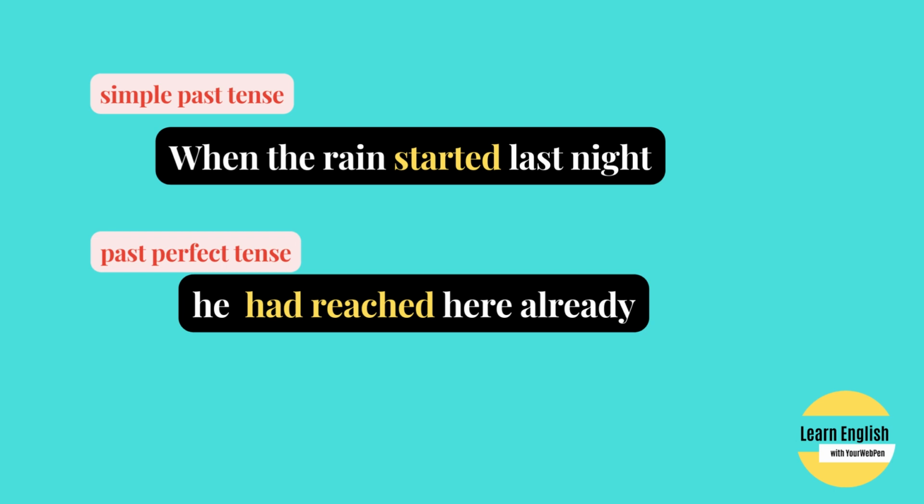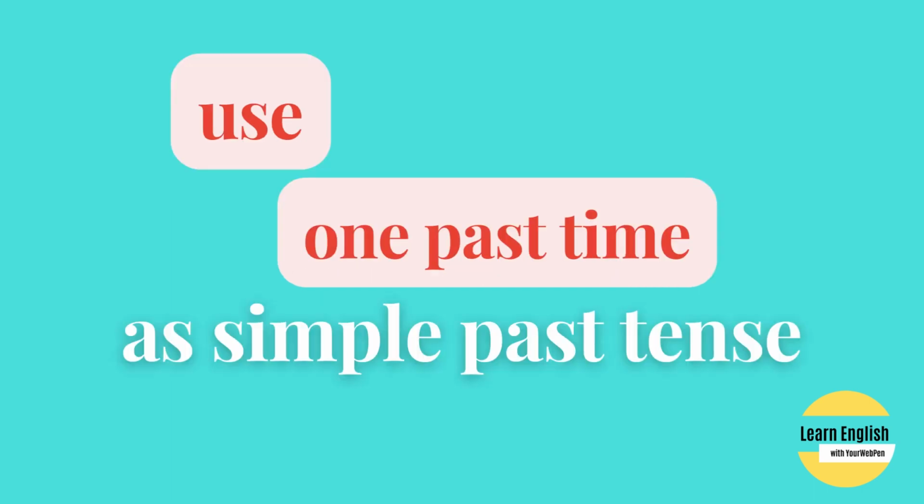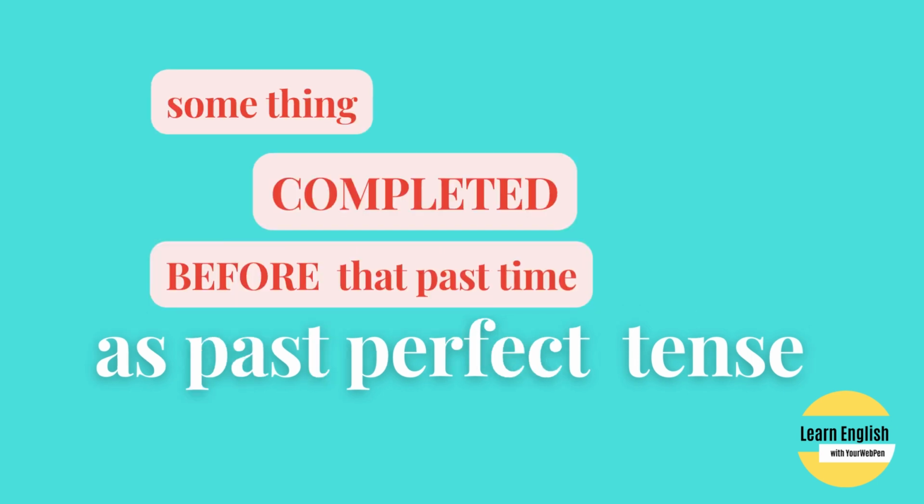So again, when the rain started last night, he had reached here already. So keep that in mind. To form past perfect tense, use one past time and something completed before that past time.